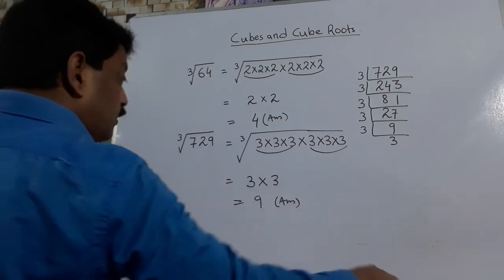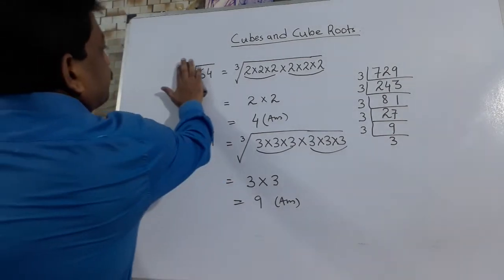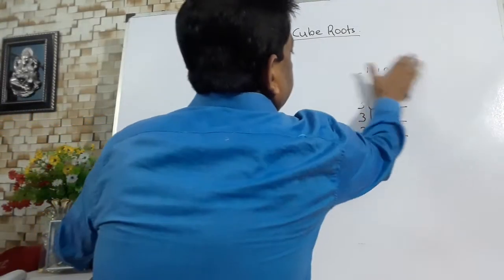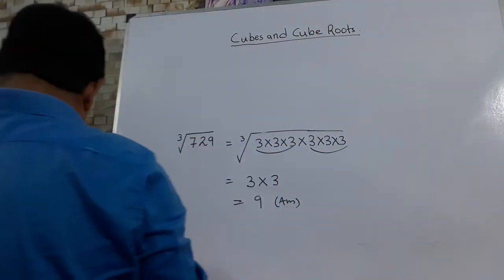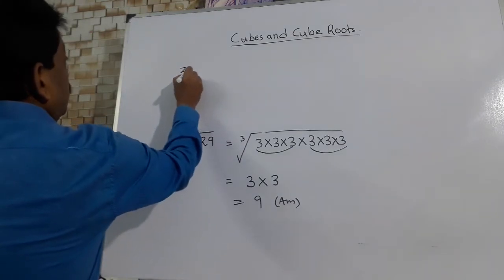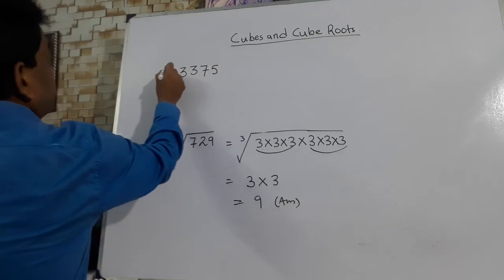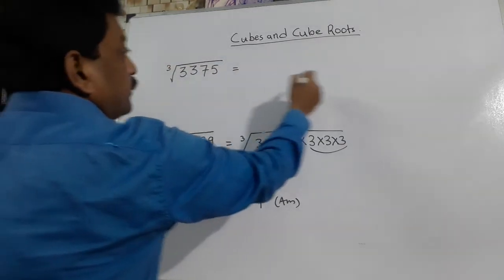Now let me give you some bigger numbers. 3375. We have to find the cube root of 3375.